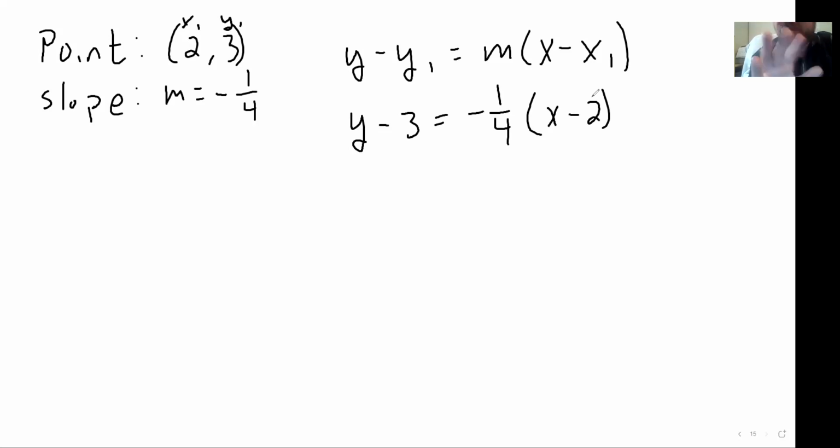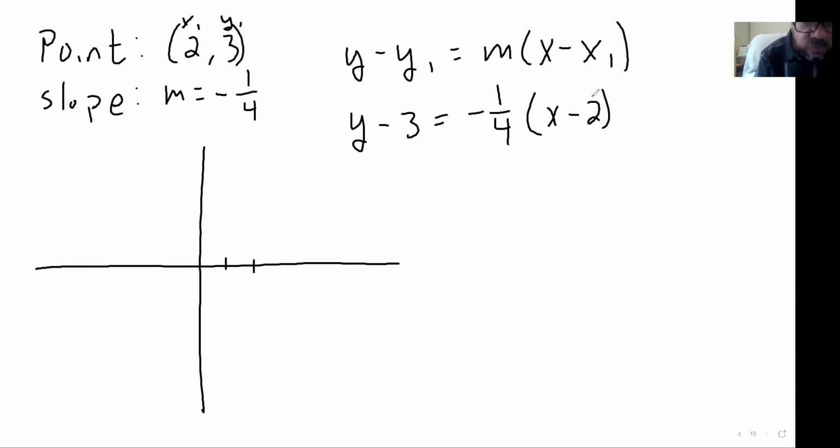Now we could stop there, and in fact, it is very easy to graph this line. I'll go ahead and do that, and then we'll put it into slope-intercept form afterwards and see what it looks like. I'm going to start at the point (2, 3) because we have said that that's a point on the line.